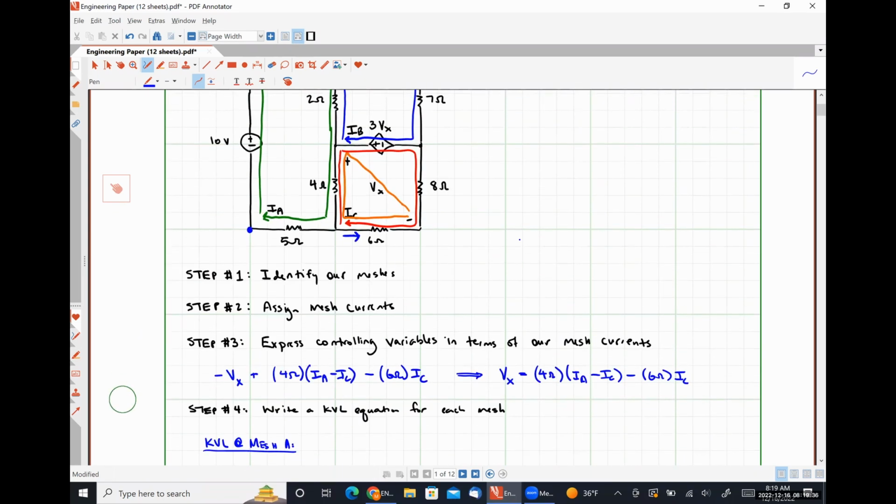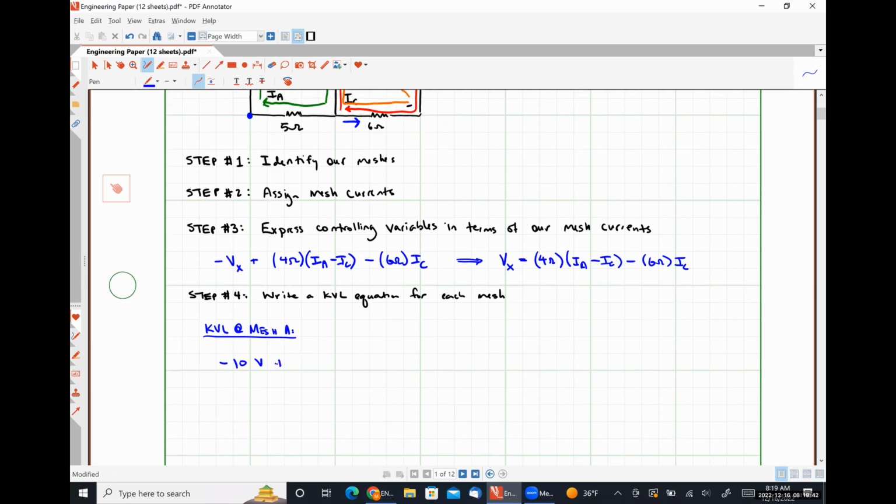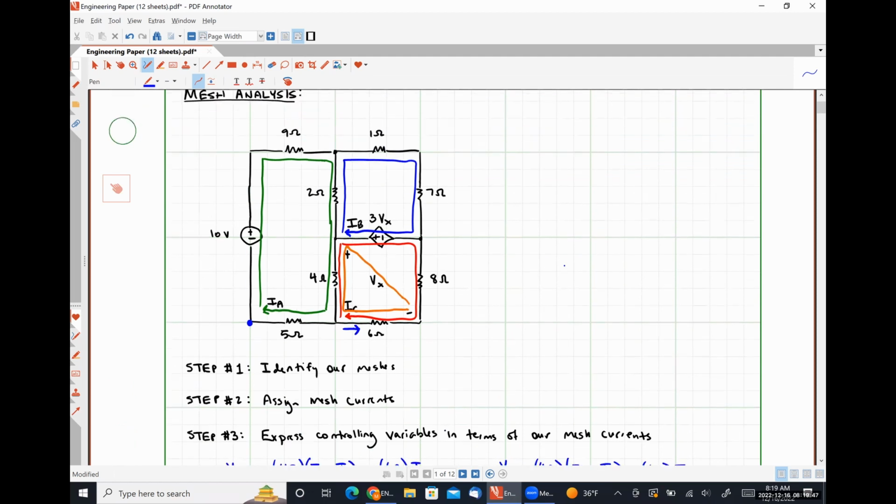Okay. What's the next thing that I see? The 9 ohm resistor. So I will have plus 9 ohms. What's the total current flowing through the 9 ohm resistor in the direction of mesh current IA? Just IA, right?